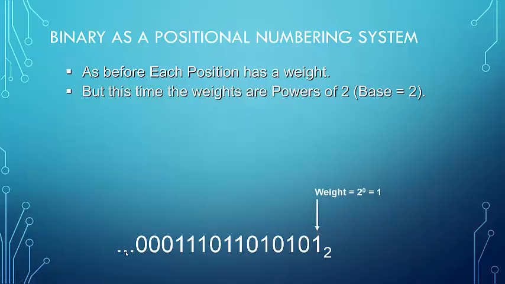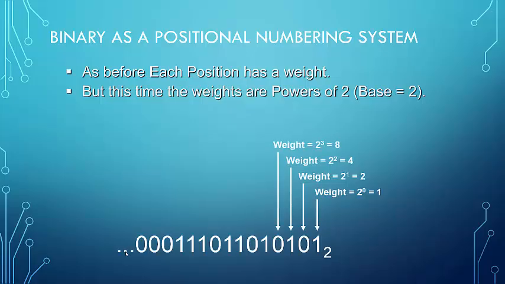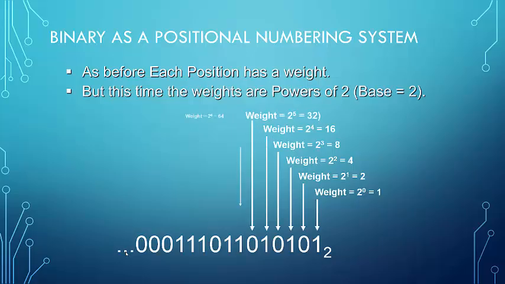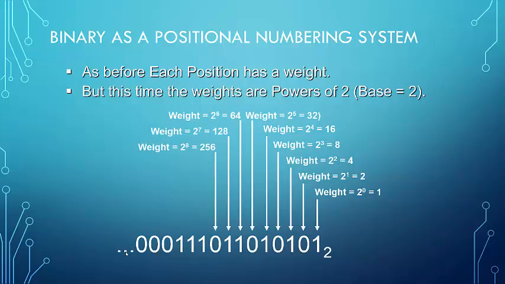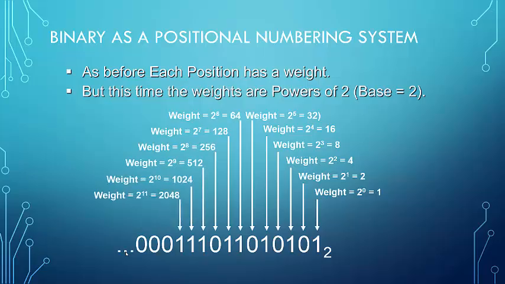The rightmost digit or bit has a weight of 2 to the 0, which equals 1. The next bit to the left has a weight of 2 to the first, or 2, followed by 2 squared, or 4, 2 cubed, which is 8, 2 to the fourth, which is equal to 16, 32, 2 to the sixth, which is 64, 2 to the seventh, which is 128, 256, 512, 1024, 2048, and this could go on and on.